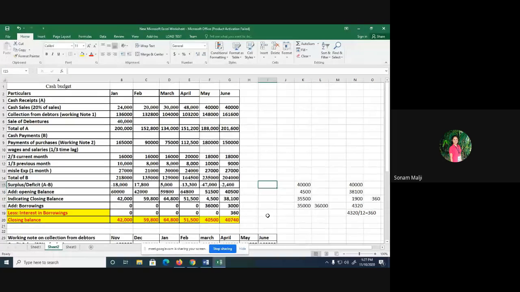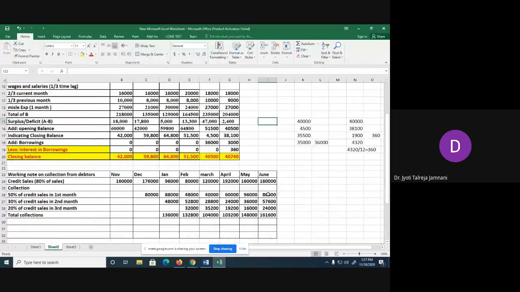Yes, ma'am. So, if you are listening to me carefully from day one and attending all the classes, you might have observed every problem that I am teaching has something or the other new. Here we had 1/3, 2/3 of wages as a new thing. We had interest on borrowings as a new thing, right? And then we had purchases amount only was not given.